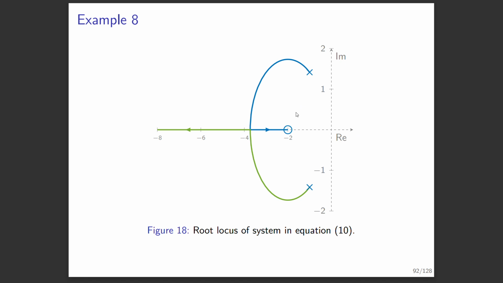I want the angle here, this angle, and the information I have is I know the location of this pole, I know the location of the 0. So I can find their distance, I can find horizontally and vertically how far they are, and then I can find this angle from the definition of tangent of the angle.